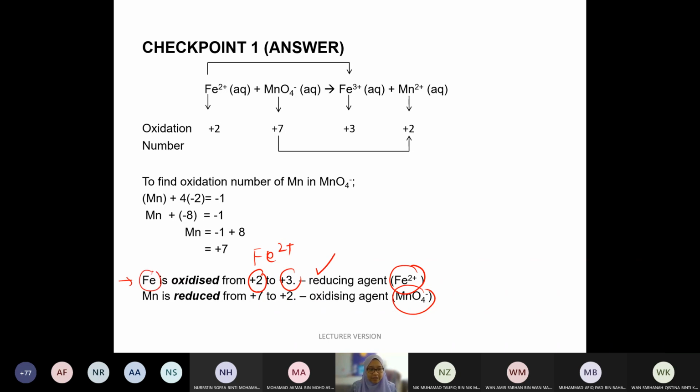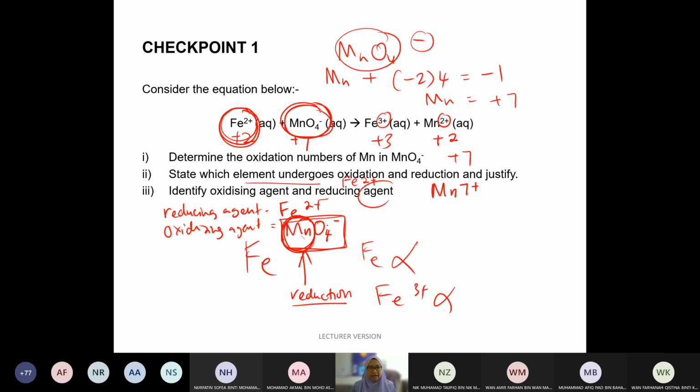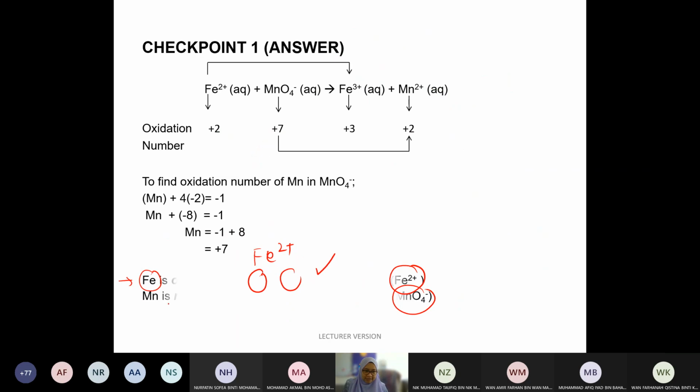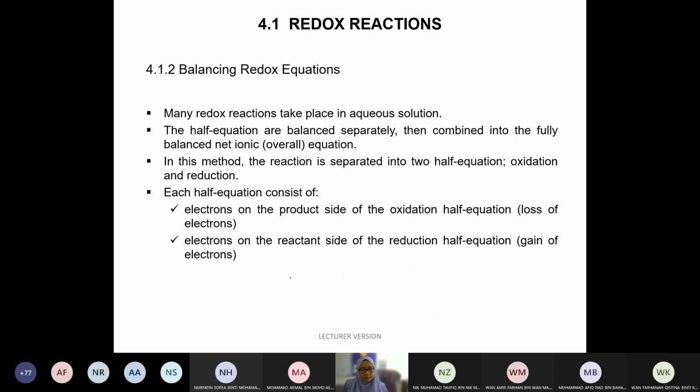Even though it says Fe, it says from what to what. The problem is when the student says, state which element undergoes oxidation, Fe. That's the only answer. That is wrong. So if you have an explanation, Fe is oxidized from +2 to +3, then it's okay. Okay guys?